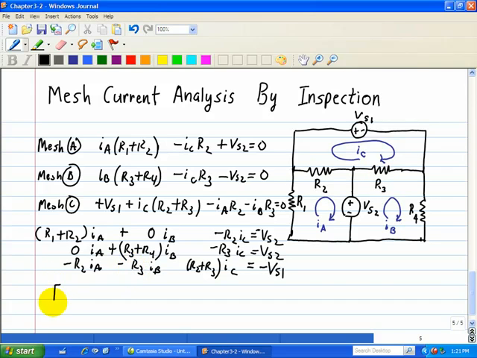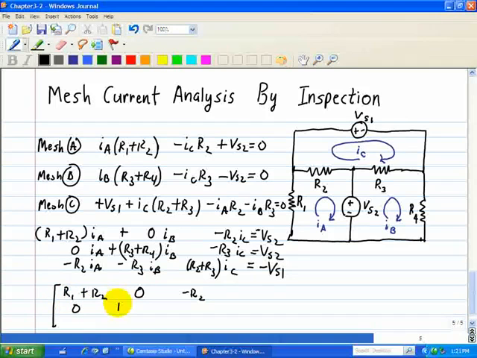So we put this in matrix form. We can almost do this by inspection. So we have R1 plus R2 for IA. We have no common current with IB, and we have a minus R2. Next we have 0 IA, and then for IB we have R3 plus R4, and then a minus R3 since that's for IC.